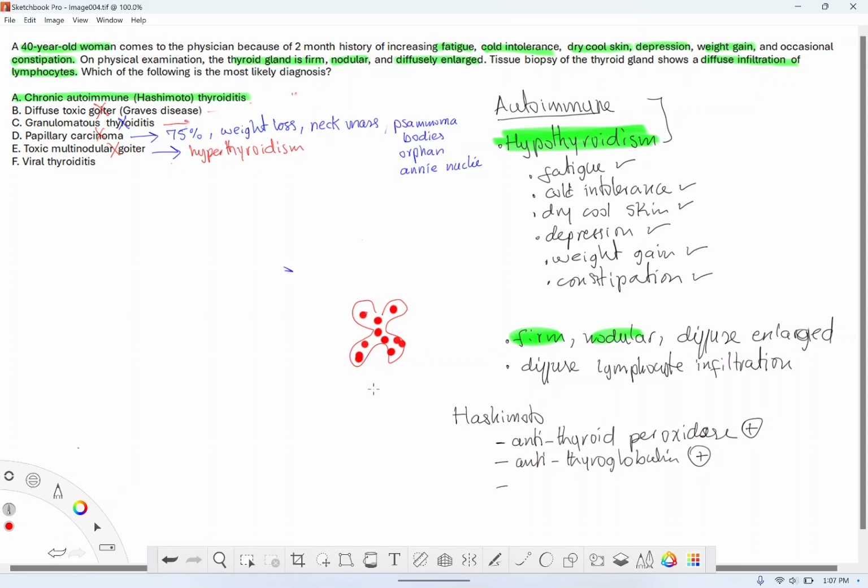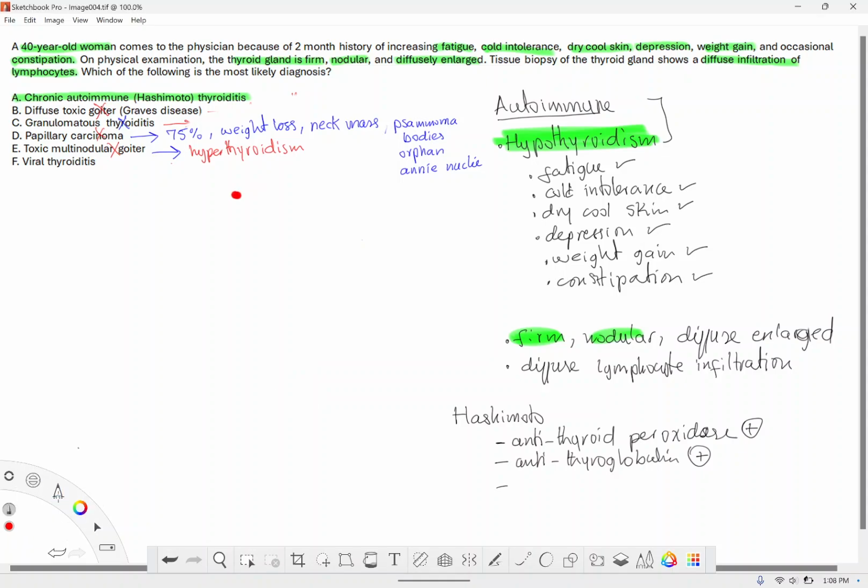This is multinodular goiter. Compare this to a diffusely enlarged thyroid gland, which will be enlarged everywhere, the whole gland. That's not an issue here.